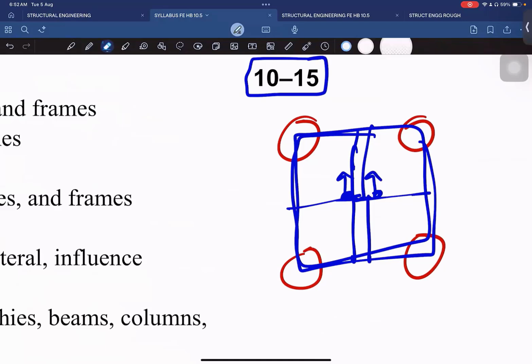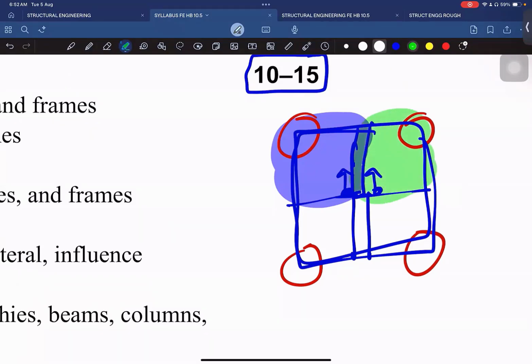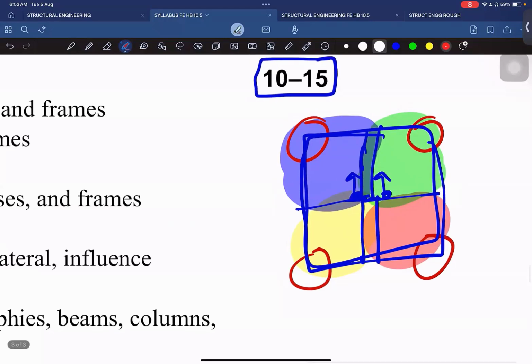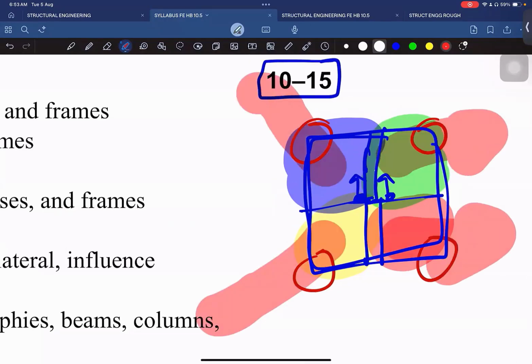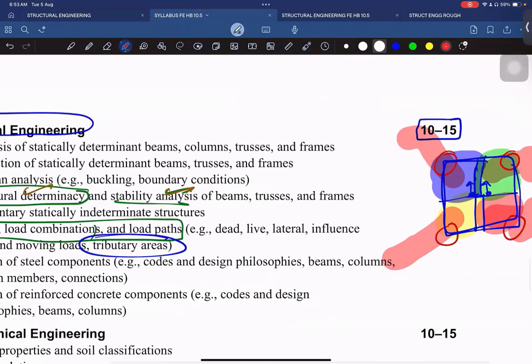Like from this portion to this portion, there will be load transfer from here. Some other point load will be transferred here. Another load will be here. Another load will be here. So this load will be shared by the plate in different shapes like rectangular, triangular, trapezoidal shapes. Such shapes we call tributary areas. We'll study about them again.